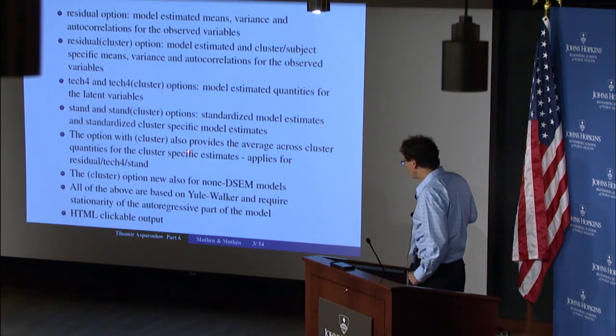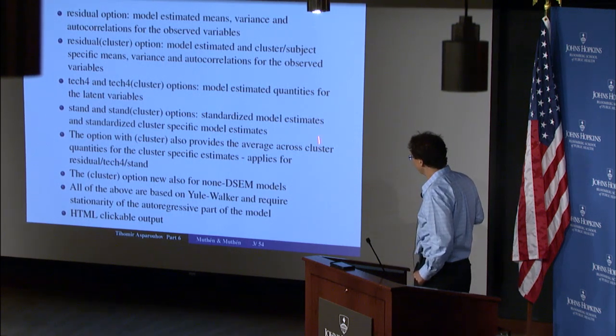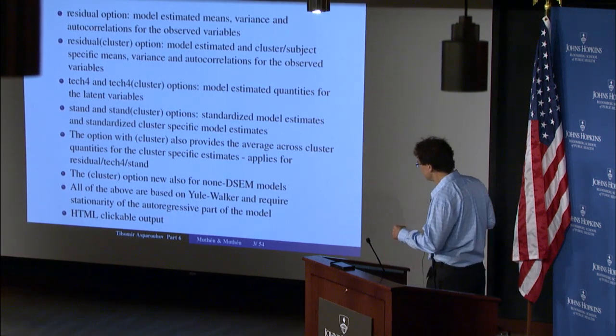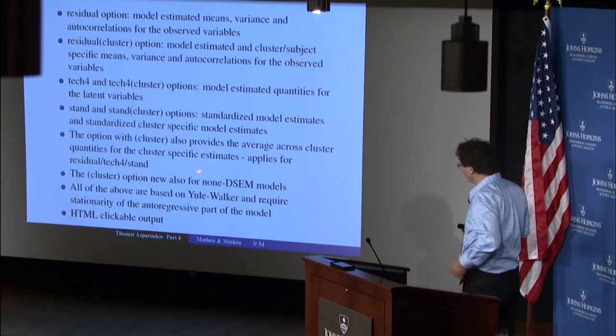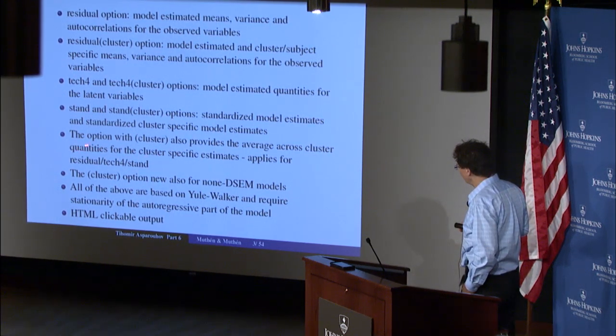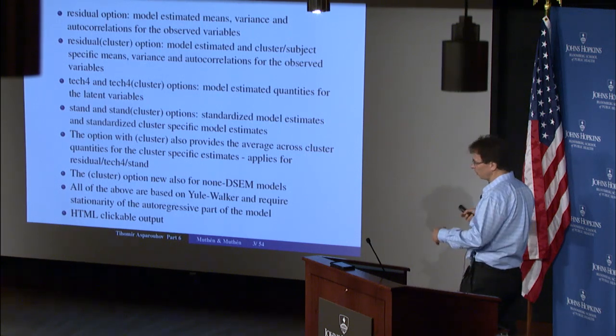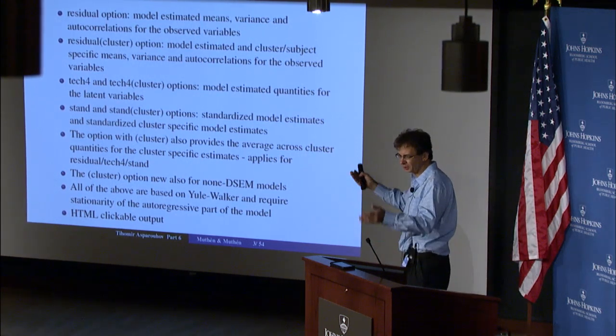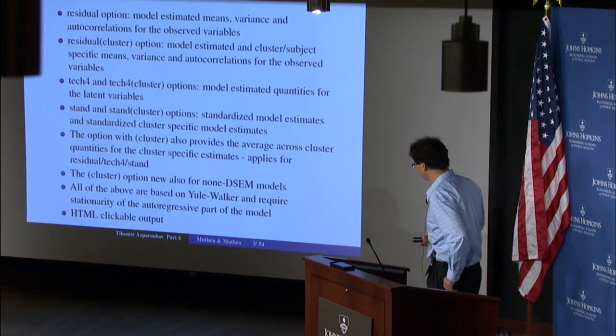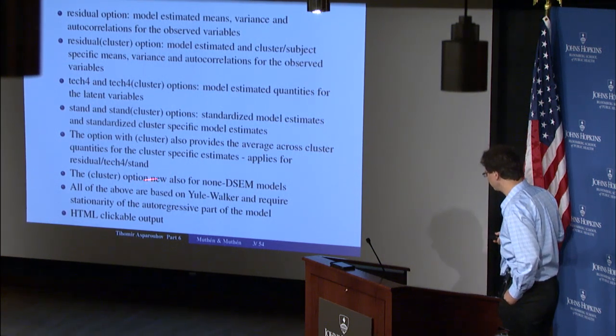All these options with the cluster in brackets also provide the average across cluster quantities for these cluster-specific estimates. So we do every cluster, and then at the end we also average the results across clusters and show you those. Those are easier to read.